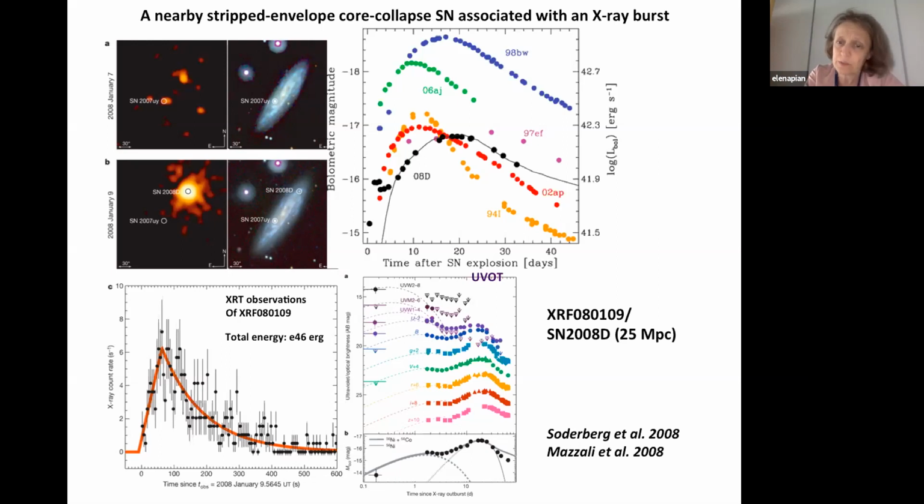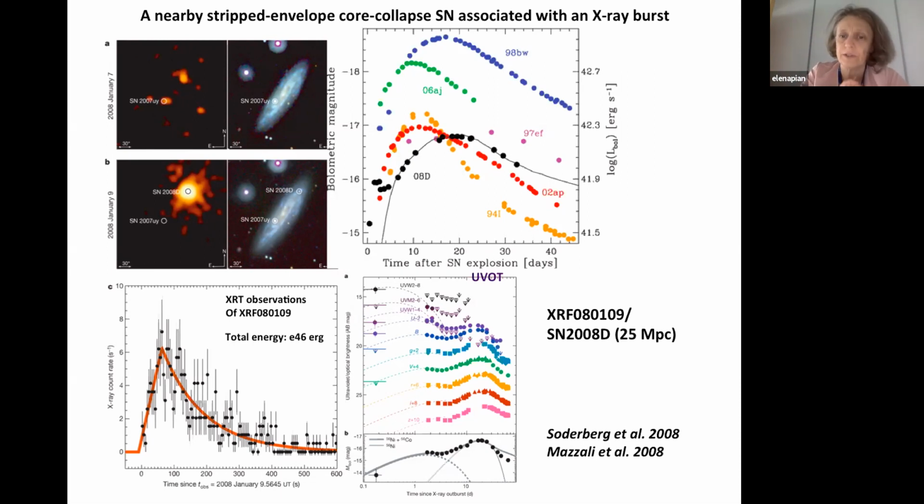So the first peak is probably what is called a shock breakout emission. It's the emission that comes out in all wavelengths, in optical, ultraviolet, infrared, and then cools. It doesn't have a radioactive origin.